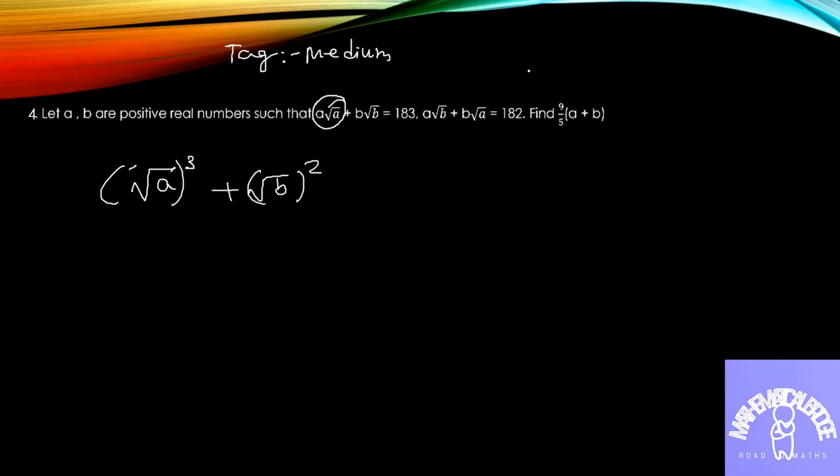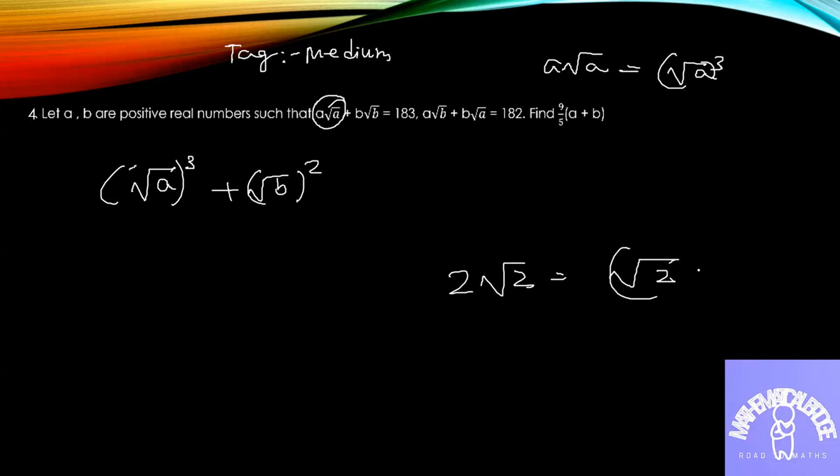See carefully, A root A, A into root A, so here you will get root A whole cubed, right? Understand carefully. See, if I write 2 root 2, this is basically root of 2 whole cubed.